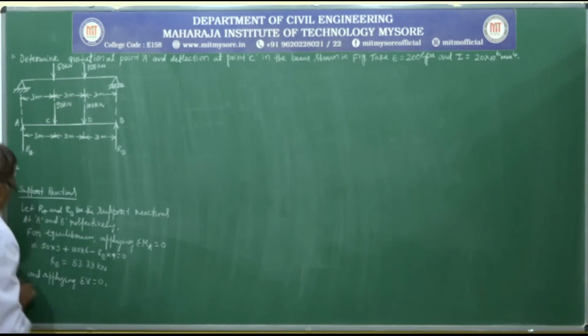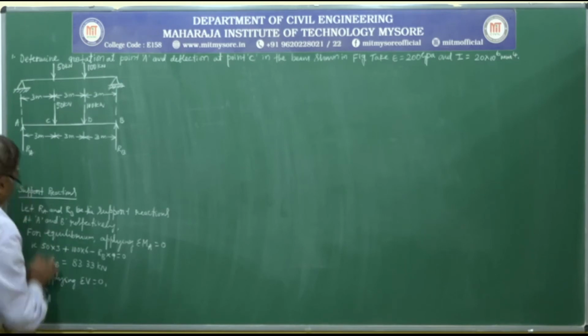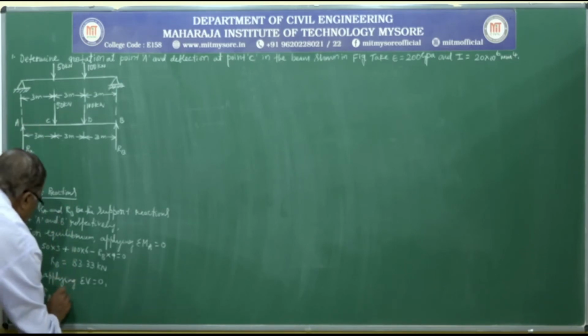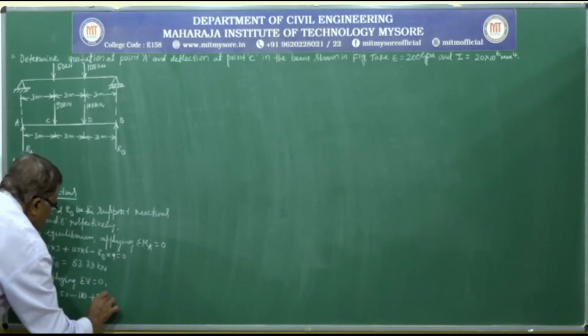There are 4 forces here including support reactions. Treat upward as positive, automatically downward will be negative. Proceed from left hand side. RA acting in the upward direction positive, minus 50, minus 100, plus RB, that is equal to 0.